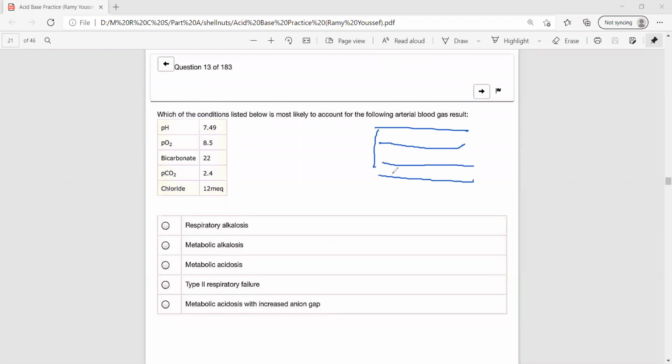Okay, start. First of all, pH is alkalotic. Then bicarbonate is normal. Then the partial pressure of carbon dioxide is alkalotic.